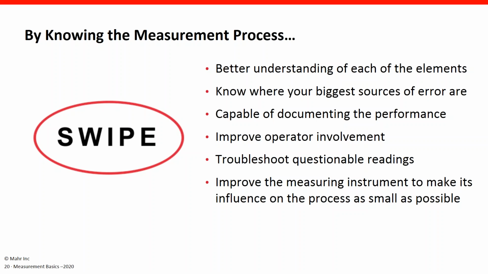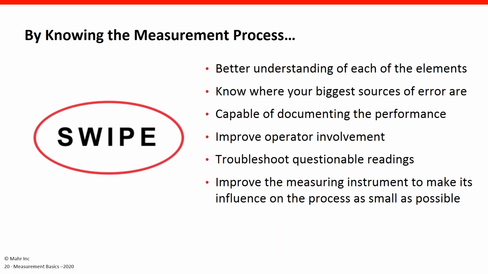So by knowing this measuring process, we have a better understanding of each of the elements. We can find our biggest sources of errors. We're capable of documenting the performance of each one of those areas and maybe come up with what we call uncertainties of where our measurement errors are.